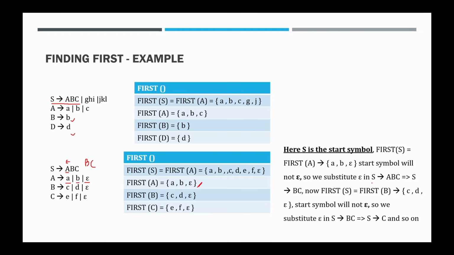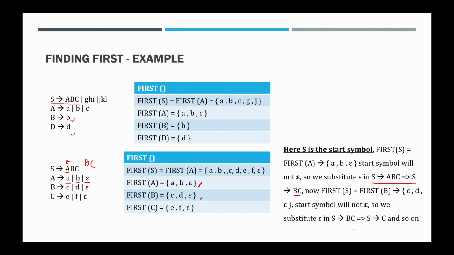Can you see here? I have given the explanation also, right? It will be changed as S tends to BC, which means that on the right hand side, what is the first symbol? B, non-terminal B. So we need to find the first of B. What is first of B? C, D, epsilon. Okay, so include in the first of B, C, D, epsilon. Done. Now, B also tends to epsilon.